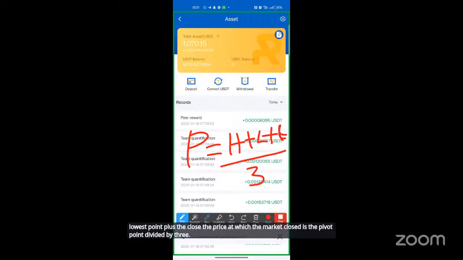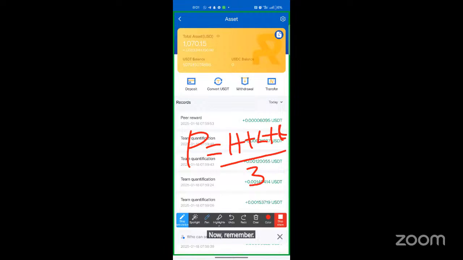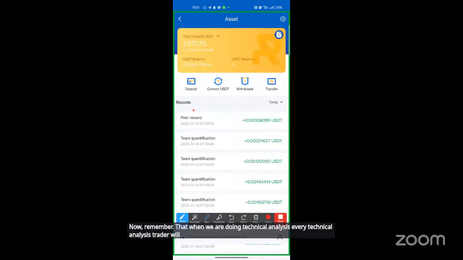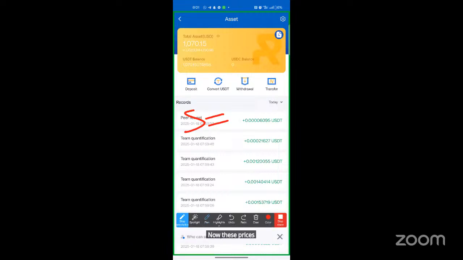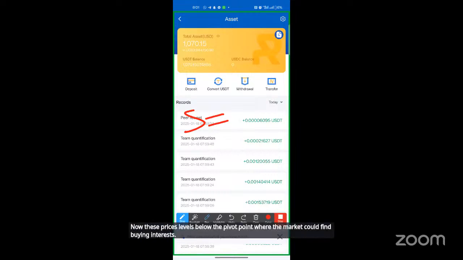Now, remember that when we are doing technical analysis, every technical analysis trader will always look at what we call support. And all of us know that a support is usually that lowest point that the market has made at a certain period. Now, these price levels below the pivot point where the market could find buying interest are called support.